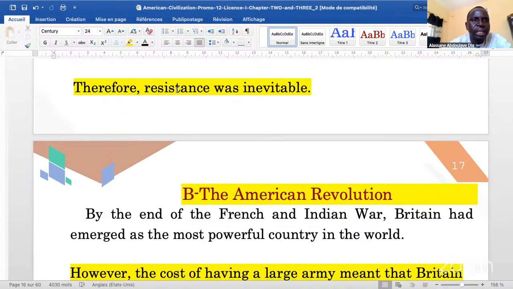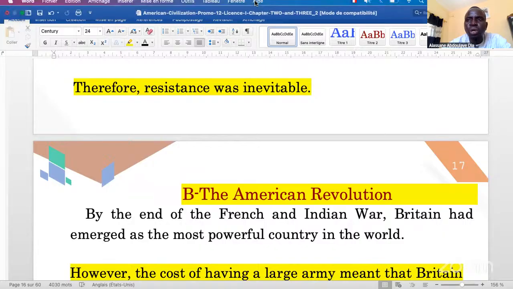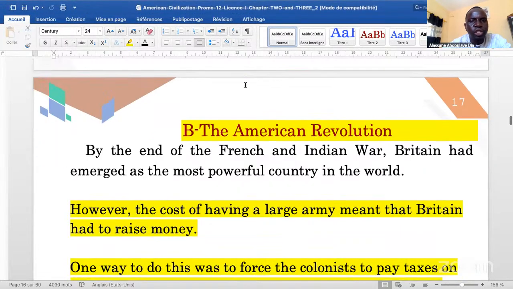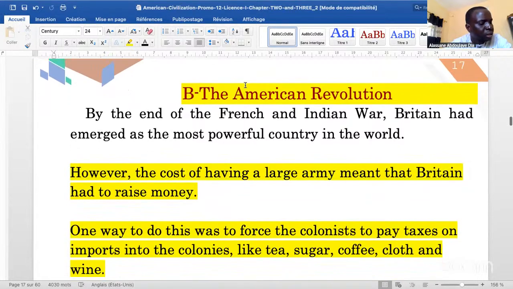And automatically there was resistance. So it means resistance was inevitable. And then we are going to the American Revolution. There was no negotiation because the Parliament imposed taxes and the American colonies did not want to pay those taxes.